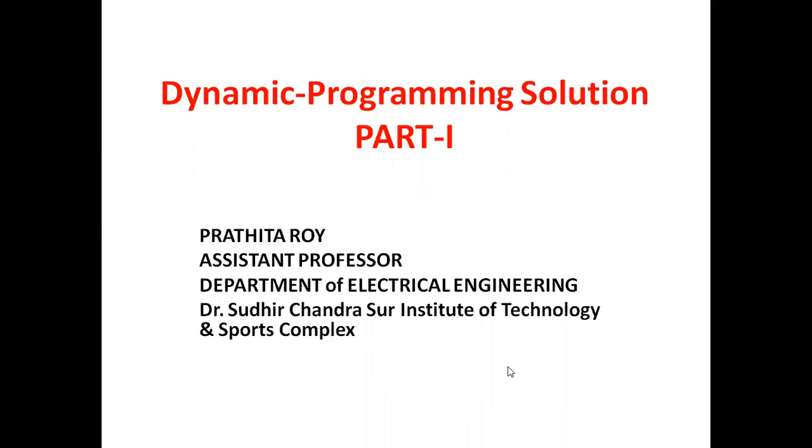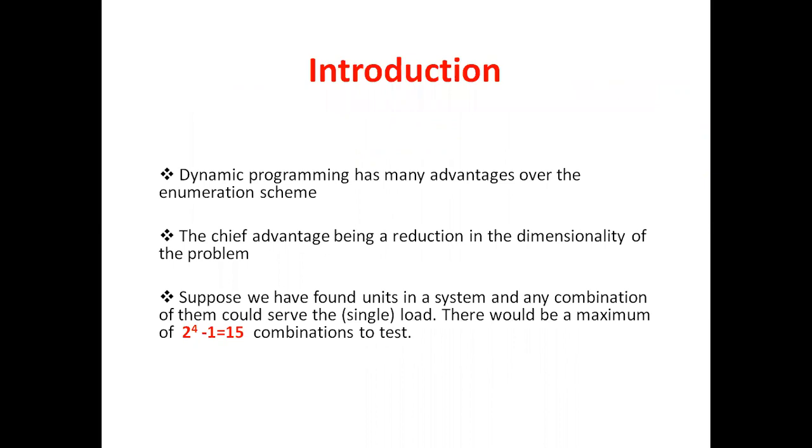So we are starting the dynamic programming solution part 1. Dynamic programming has many advantages over the enumeration scheme, the main advantage being a reduction in the dimensionality of any problem.